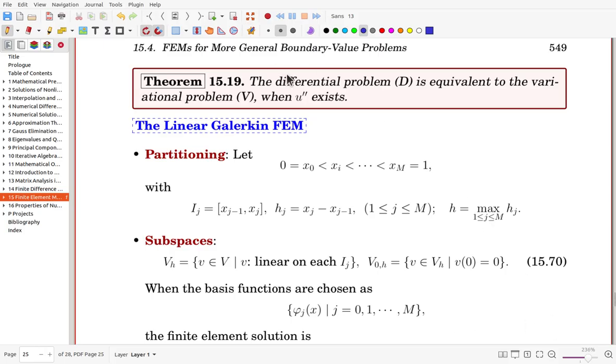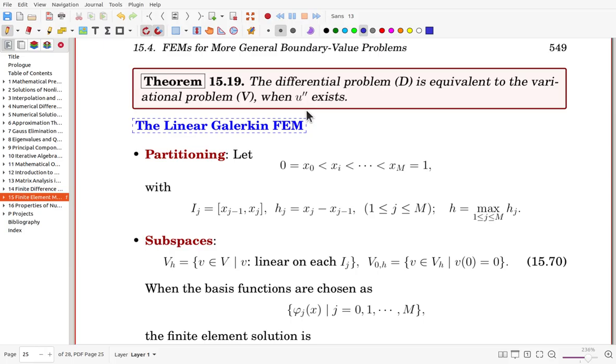The differential problem is equivalent to the variational problem when the second derivative exists. Exactly the same way you can prove that as for the homogeneous boundary conditions.